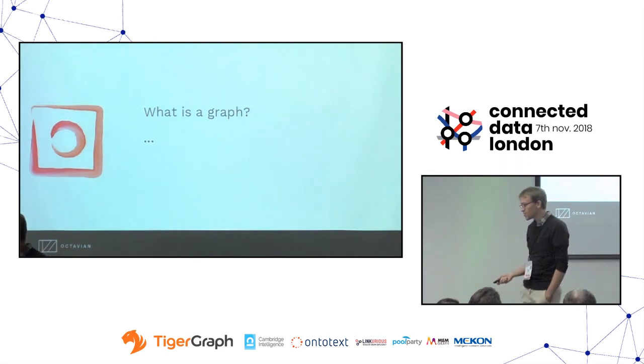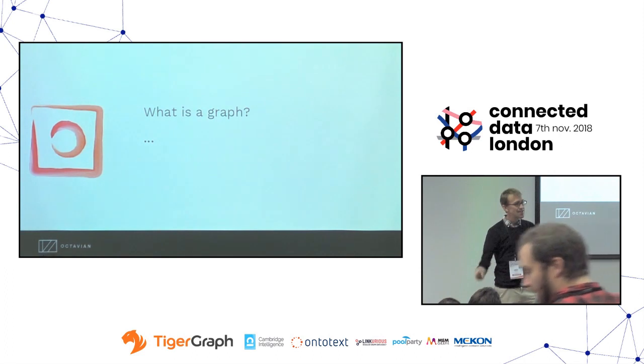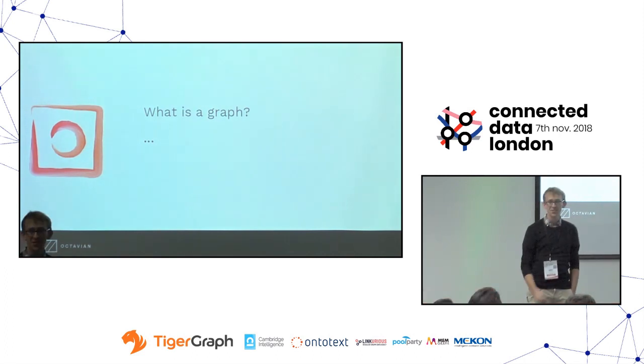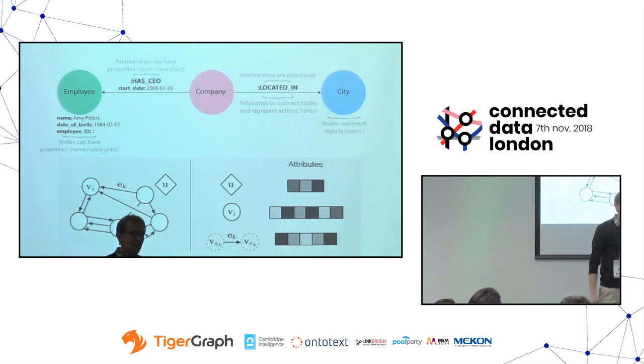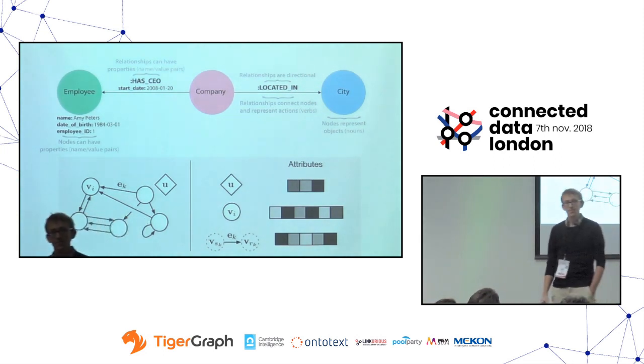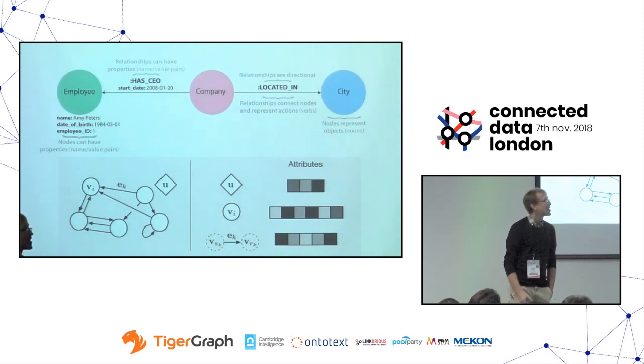So, very quickly, what do we mean by a graph? When I give this presentation in other places, I have to labour this a little bit more. I think we can work through it quickly. When I'm talking about graph today, I'm going to talk about labeled property graphs. The top picture is from the AFJ, and the bottom picture is from DeepMind and Google Brain's recent paper.